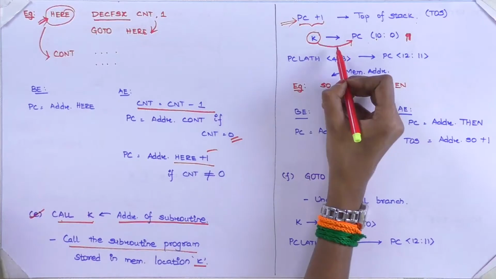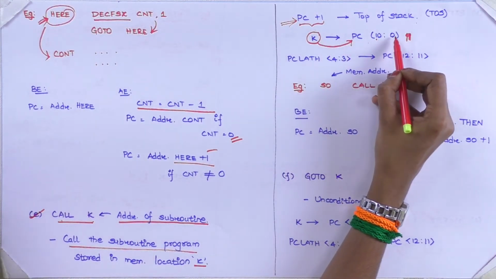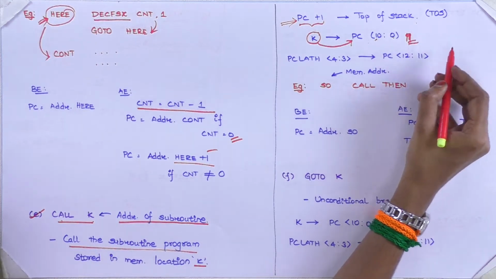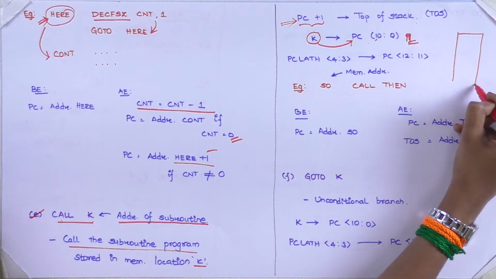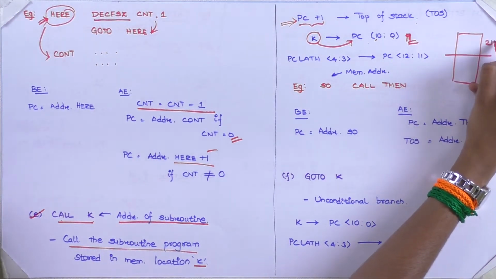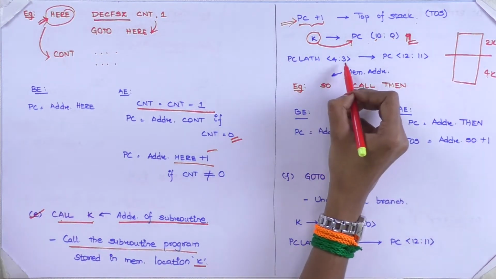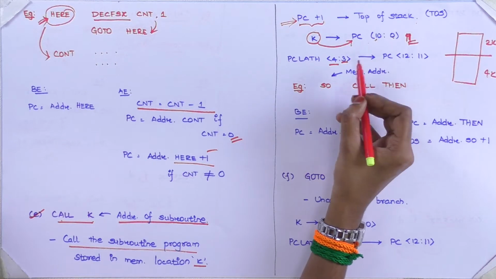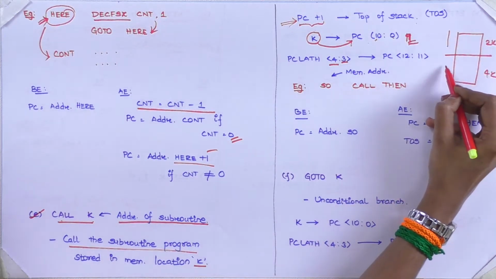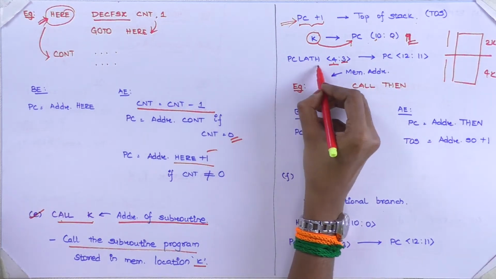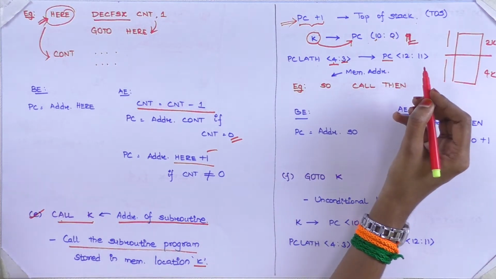That we are using here in this set of instructions. So 0 to 10, which is 11 bits, will tell you which particular memory location I am accessing. So assume that as 2K, 4K. The bit number 3 and 4 will define whether I am accessing 2K or 4K. So this third and fourth bit of PC latch is given to program counter.